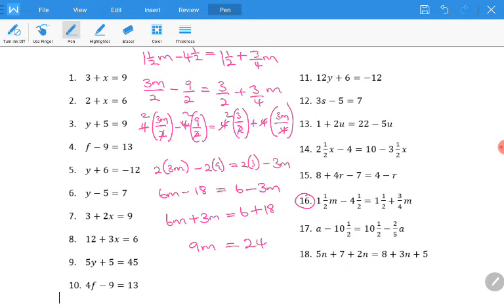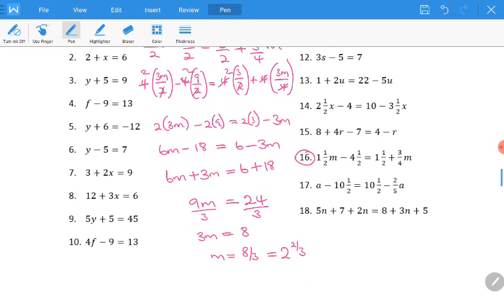So if I divide through by the highest common factor, which is 3, it becomes 3m is equals to 8, and m is equals to 8 over 3, which is equals to 2 and 2 over 3. That's how we solve these equations.